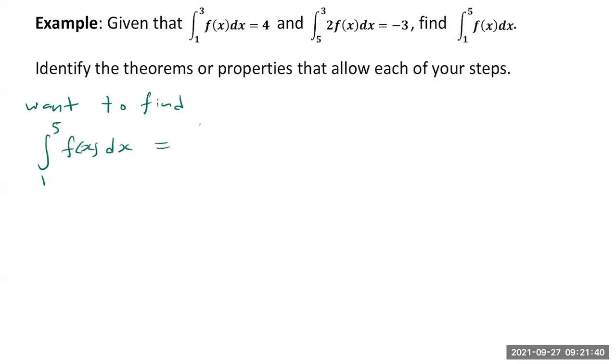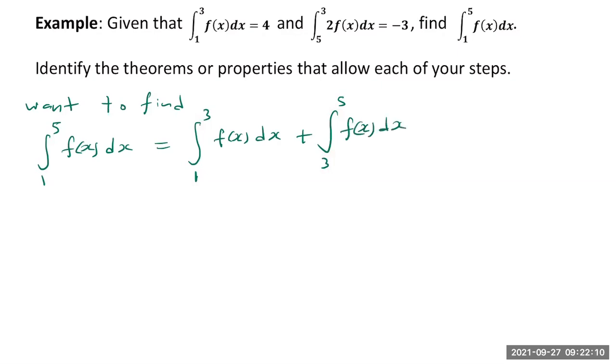This is equal to the definite integral from 1 to 3 of f of x dx plus the definite integral from 3 to 5, the remaining part. Remember that my original interval is 1 to 5. So I go from 1 to 3 first, and then I go from 3 to 5, the remaining part of the interval, f of x dx.